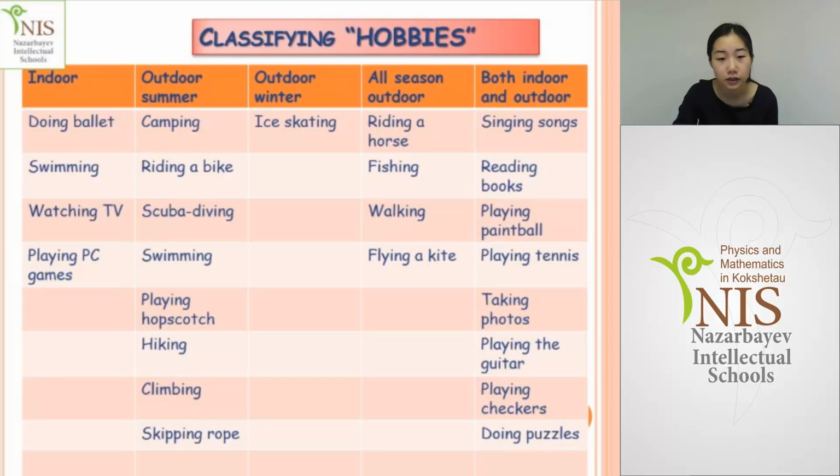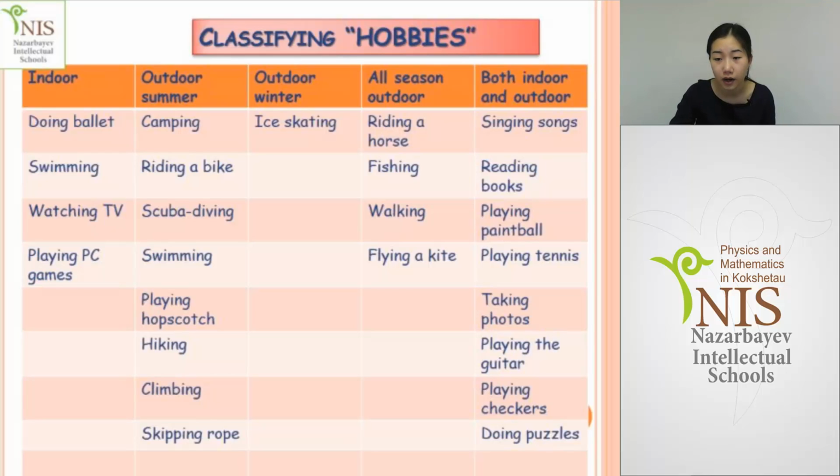To indoor activities usually refer doing ballet, swimming, watching TV, playing computer games. Outdoor summer activities can include camping, riding a bike, scuba diving, swimming, playing hopscotch, hiking, climbing, skipping rope. Out of the list, outdoor winter activities include only ice skating.